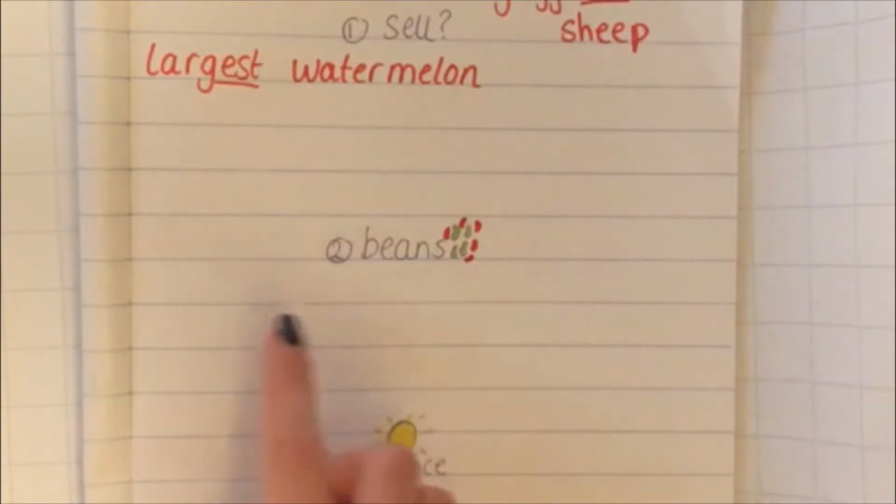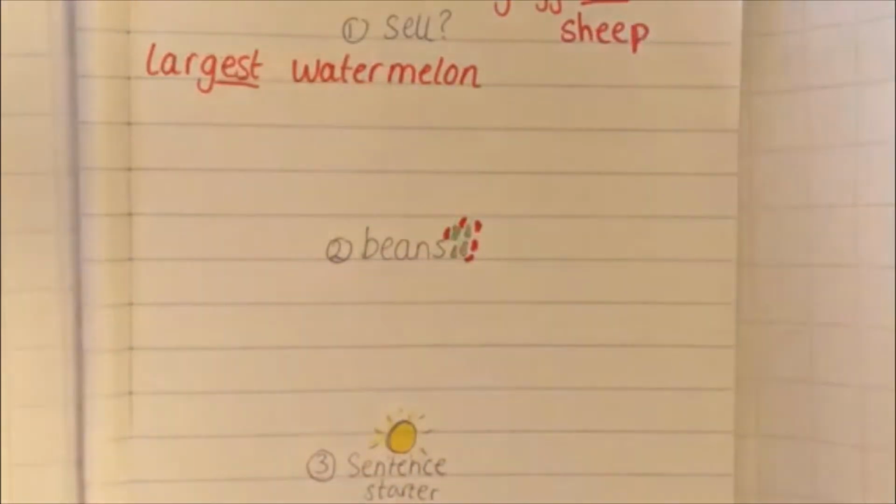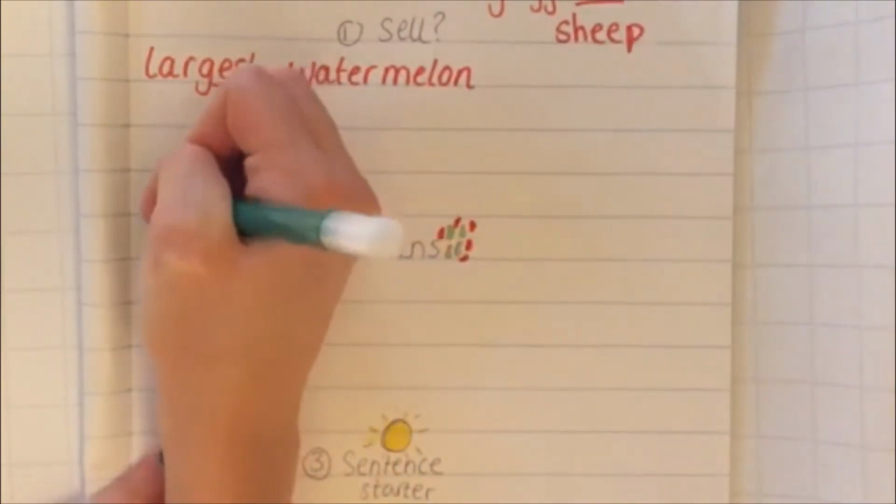So now I've got to think of some adjectives to describe my beans. So I'm going to write 3 that I could pick from. So I'm going to challenge myself today and write at least 2 adjectives for my beans. So I like colourful.